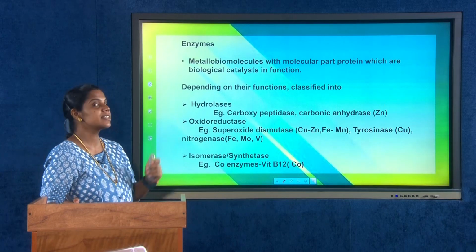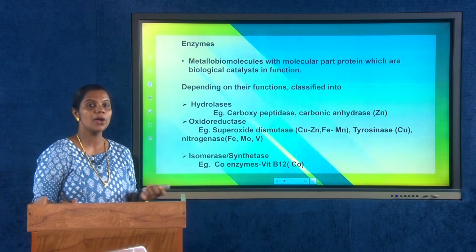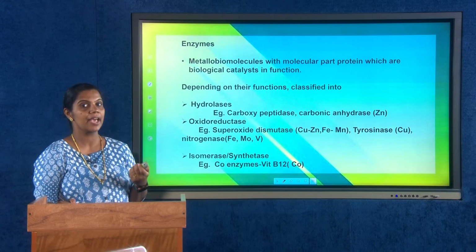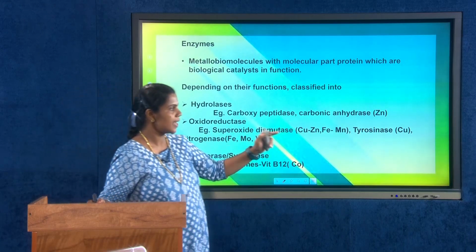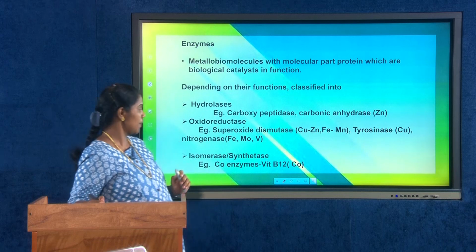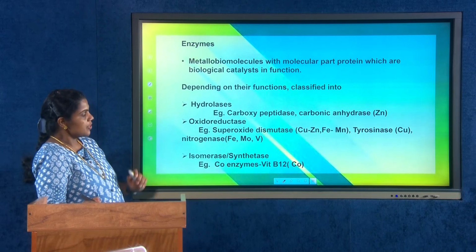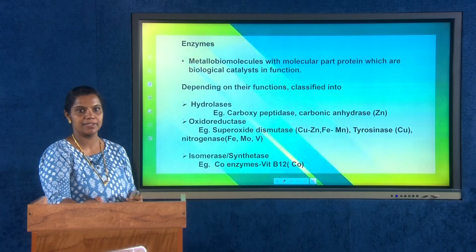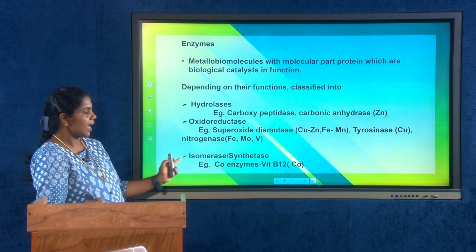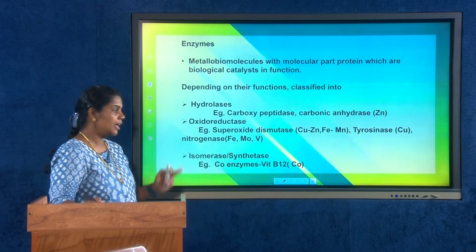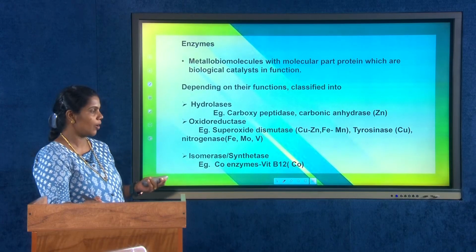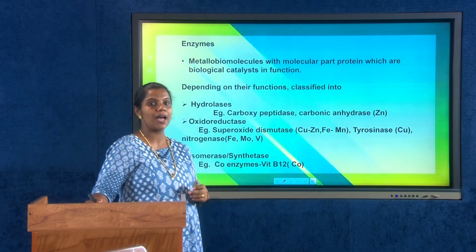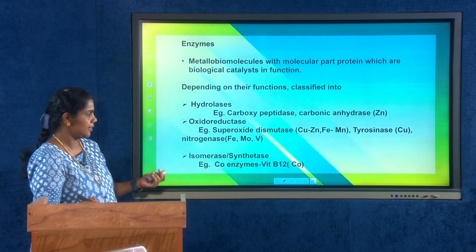The oxidoreductase enzymes include superoxide dismutase, which contains copper, zinc, iron, and manganese, the tyrosinase enzyme, which contains copper metal, and the nitrogenase enzyme, which contains iron, molybdenum, and vanadium metal. The isomerase and synthase enzymes are usually the coenzymes present in the body. For example, we have vitamin B12 that contains cobalt metal in it.